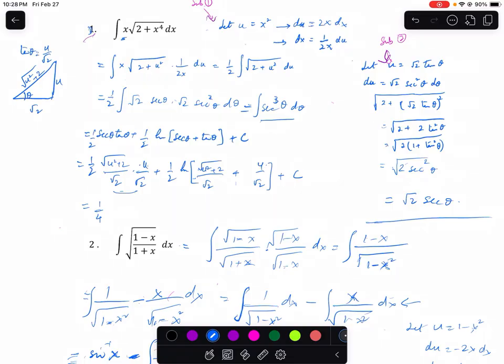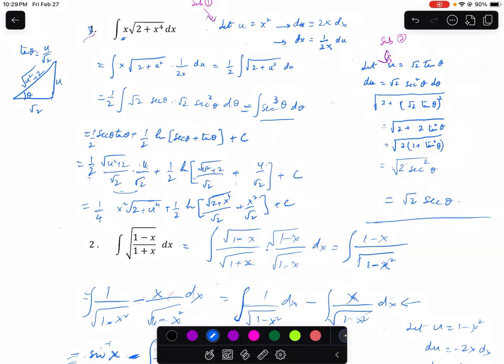So u is x square, and I'm getting x square times the square root of 2 plus x to the 4th, and then we have the square root of 2 at the bottom, which gets multiplied by the 2 here, plus 1/2 ln of the square root of 2 plus x to the 4th divided by square root of 2, plus u, which is just x square over square root of 2, plus c.